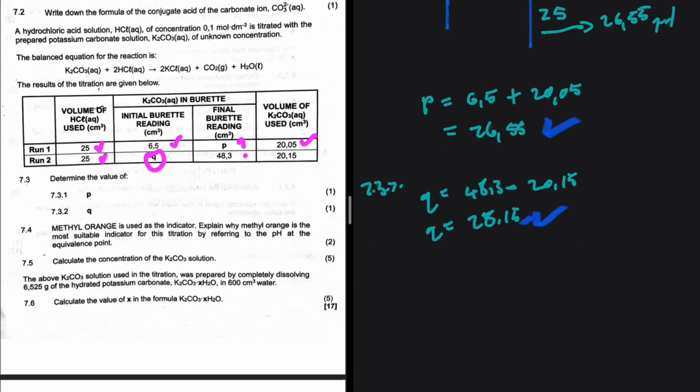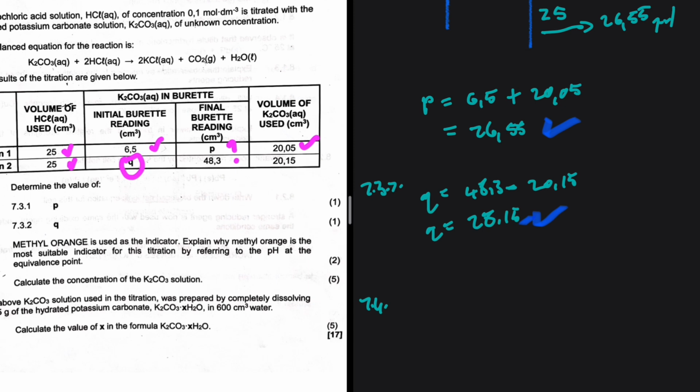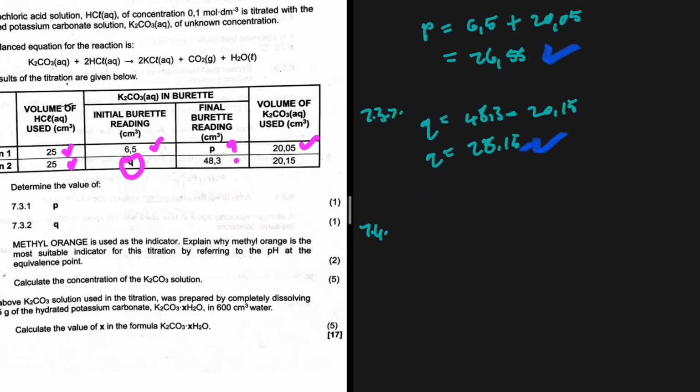Then 7.4: methyl orange is used as the indicator. Explain why methyl orange is the most suitable indicator for this titration by referring to the pH at the equivalence point. Okay, so we need to break down this reaction. We have K2CO3 and HCl. K2CO3 is a weak base, so we have a weak base plus a strong acid.